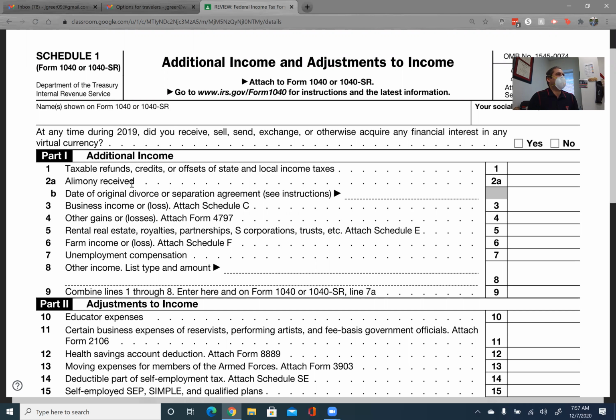And who typically pays alimony? The spouse. Typically, we can simplify it by saying the spouse who makes more money. Okay, and this comes into play when divorce happens.